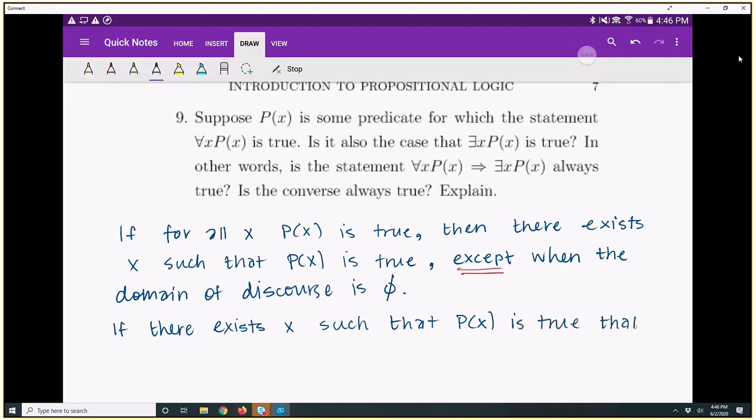But that does not mean that all of them work. So that does not mean for all x, p of x is true.